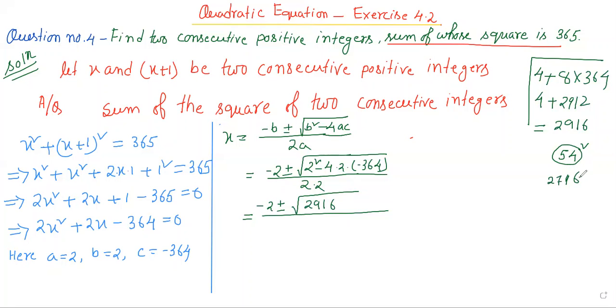It is 2716, right? Now let us take 56 square. Maybe this 56 square.